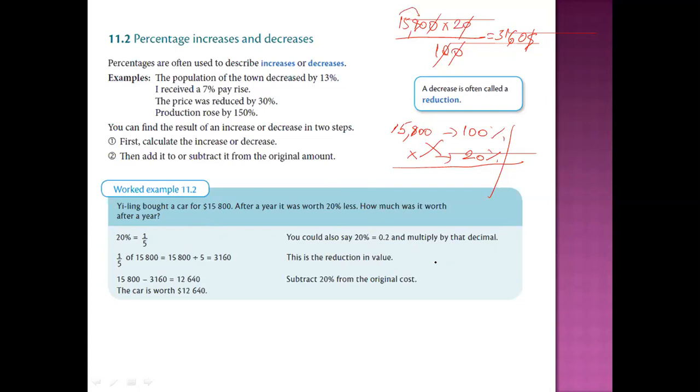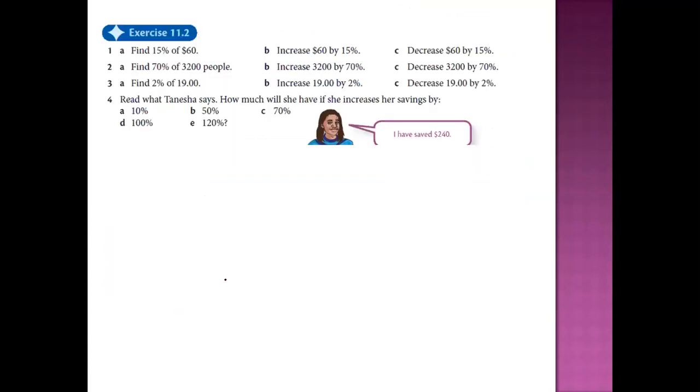The original cost was 15,800, and subtract 20% of this number, which is 3,160, and it is equal to our new price of the car after 1 year, which is $12,640. It's our new value, new price. So here the car is worth $12,640.